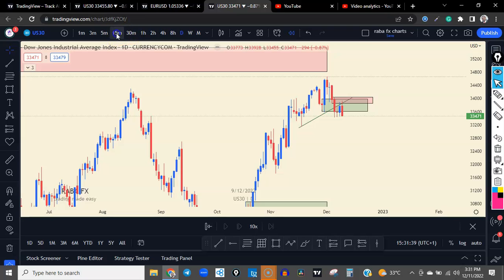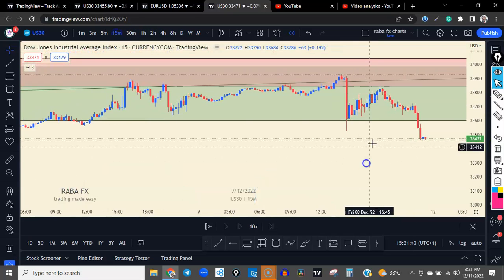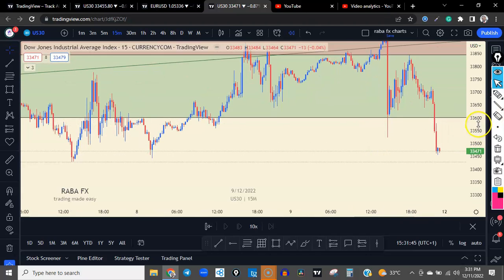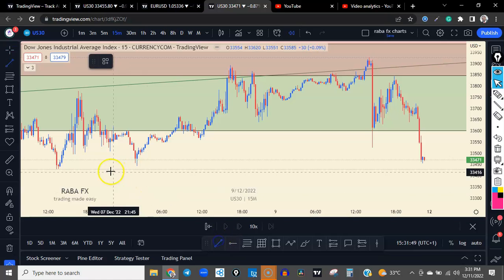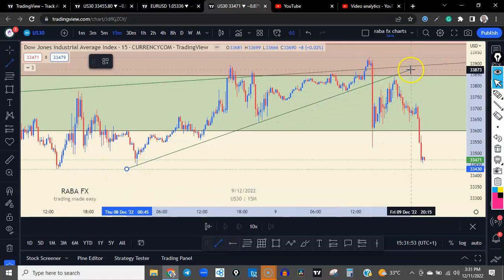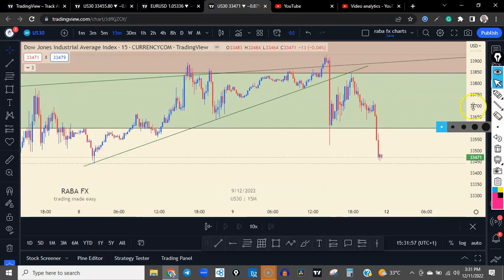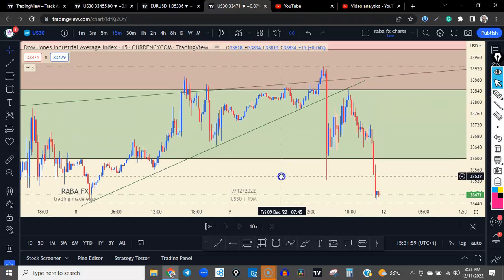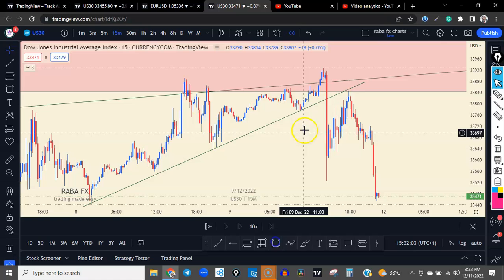You can go to your 15 minutes and then repeat the same thing there. As you can see here, we have a trend line forming. We have a trend line here, and the recent demand zone responsible for that was this level here.